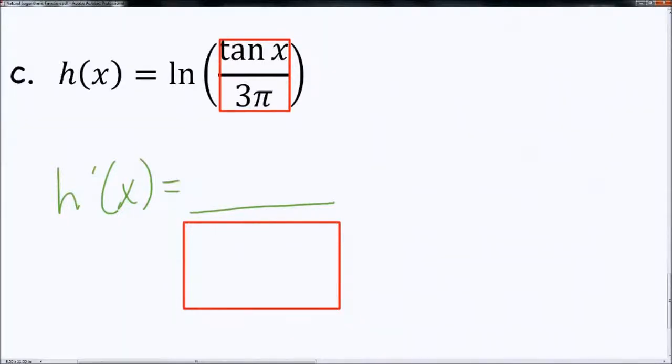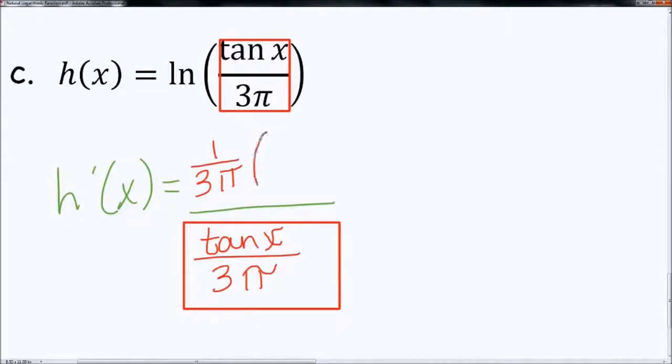Inside my box I'm going to write tan x divided by 3 pi, and now I'm going to take its derivative on top. Well, 3 pi in the denominator is my coefficient, so I'm going to do 1 over 3 pi. Okay, that's my coefficient. Now I'm going to multiply that by the derivative of my tangent. Well, derivative of tangent is secant squared of x. And so that's my derivative.